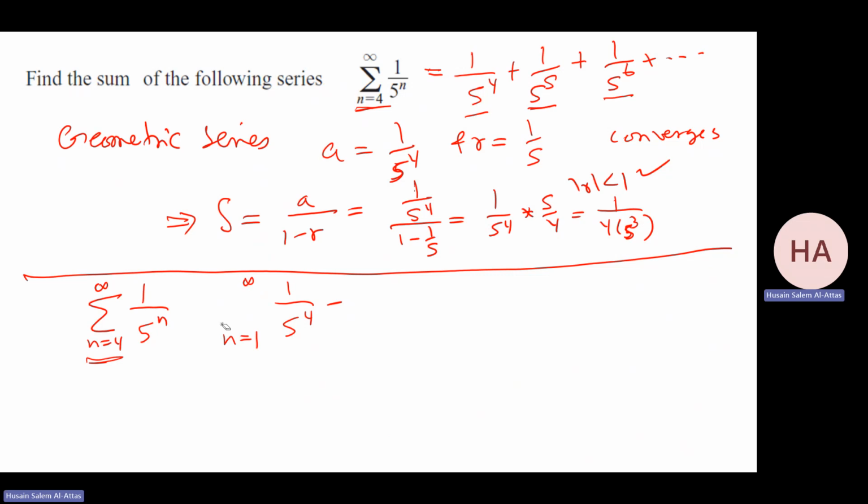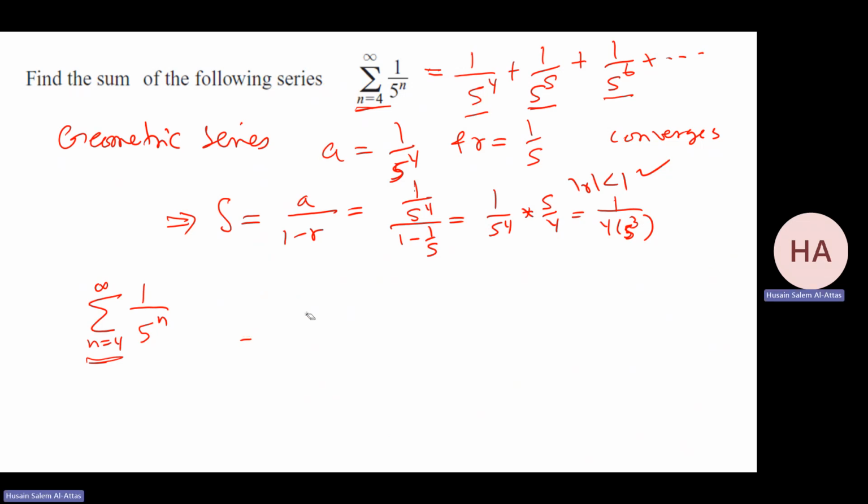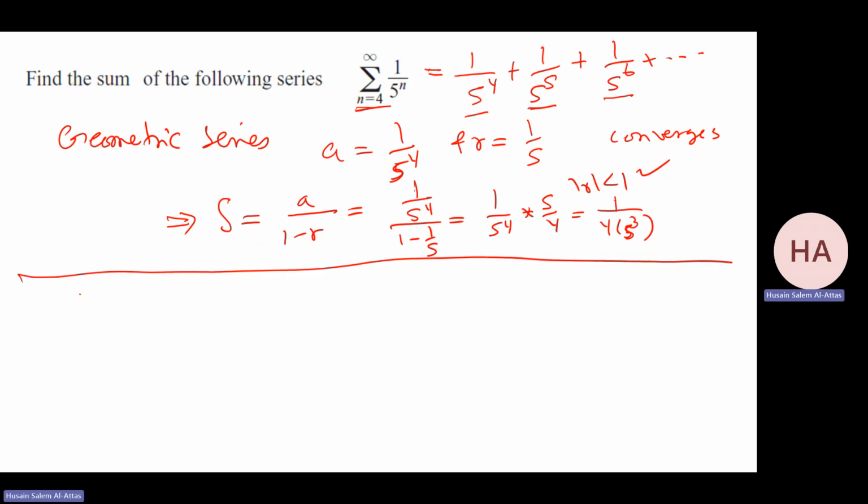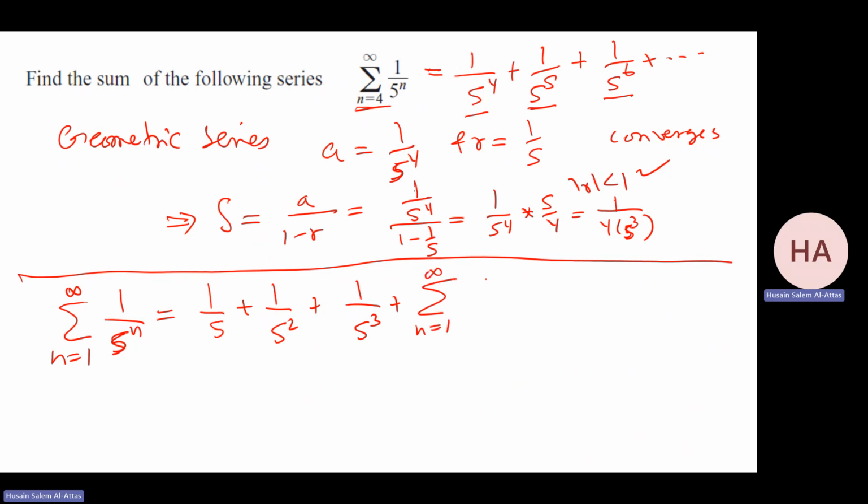Let me do it the other way. Let me think of it the other way. By the way, I get the answer, but now I'm trying to deal with the format. I want to start with this. This one will be 1 over 5 plus 1 over 5 squared plus 1 over 5 cubed plus the summation n equal 4 to infinity of 1 over 5 to the power n.